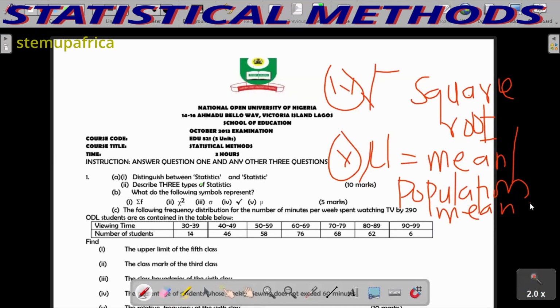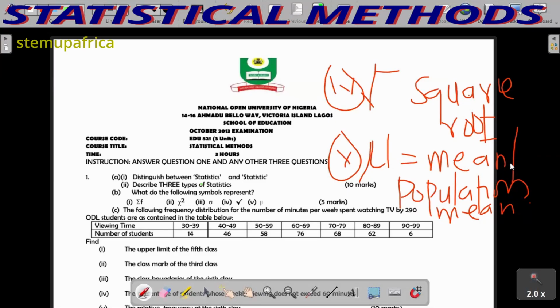Then question 1C. Question 1C says the frequency distribution for the number of minutes per week spent watching TV by 290 ODL students as contained in the table below. Now, the total number of people who watch TV per week is 290.